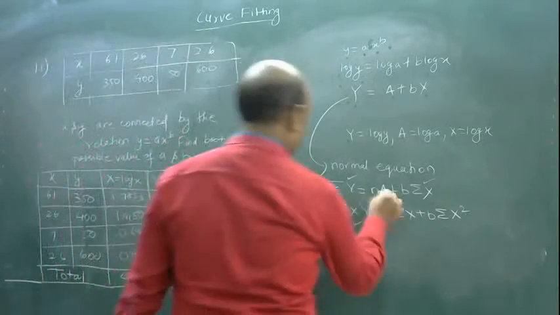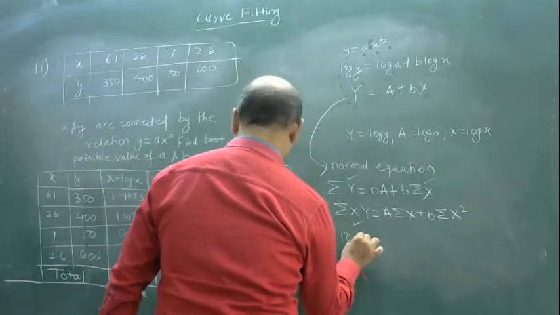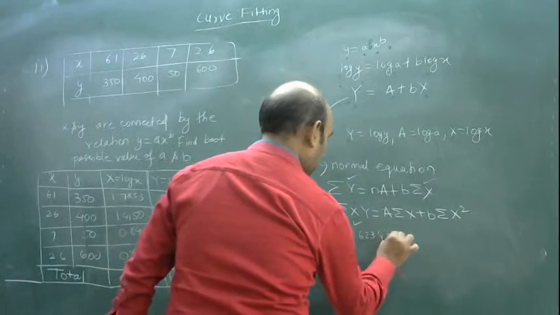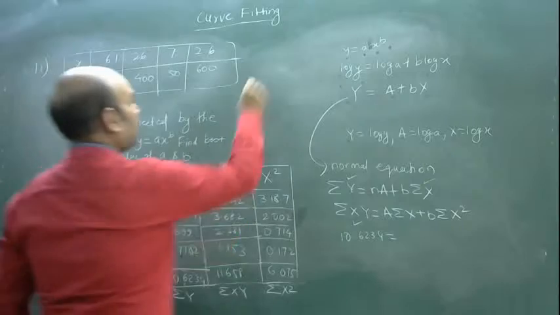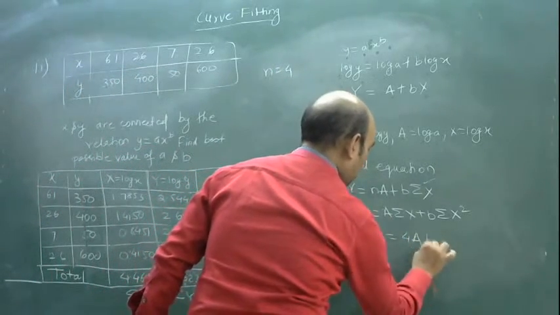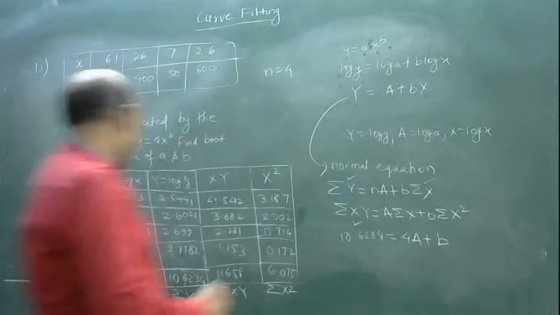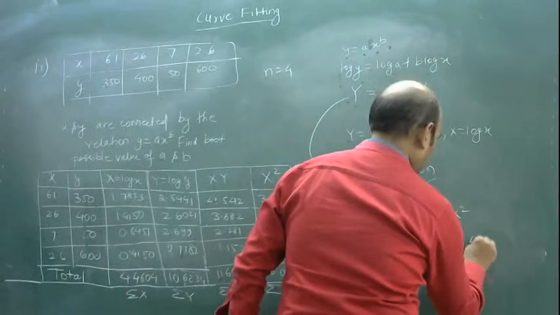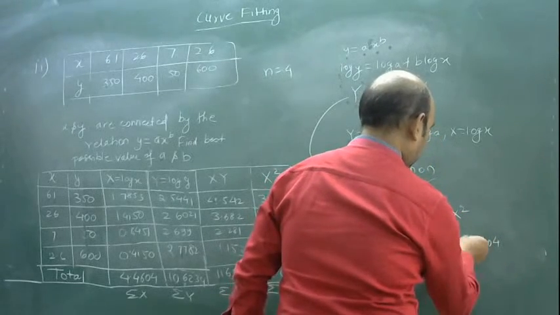Summation Y is 10.6234. Again there are 1, 2, 3, 4 terms, so n will be equal to 4. So 4 into capital A plus b into summation X, which is 4.4604. Always take 4 decimal places.